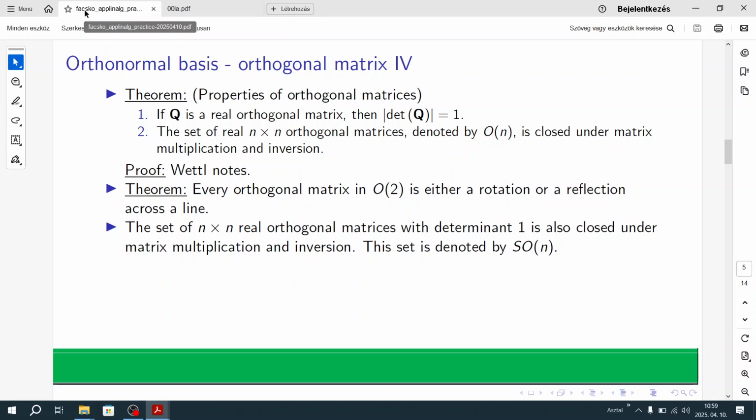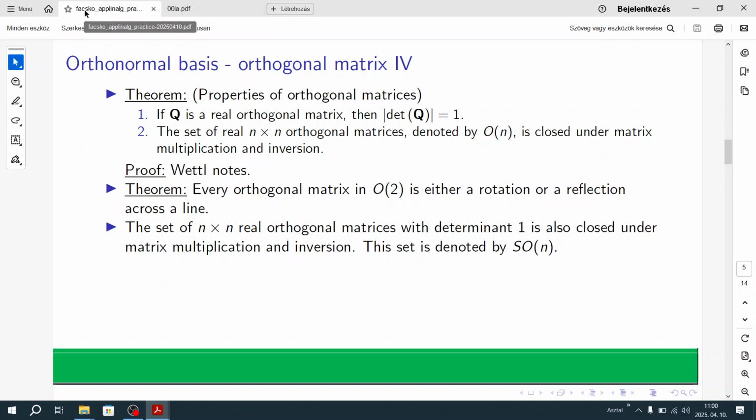If you have an inversion, the inverse of an orthogonal matrix is its transpose. The multiplication of orthogonal matrices gives an orthogonal matrix.